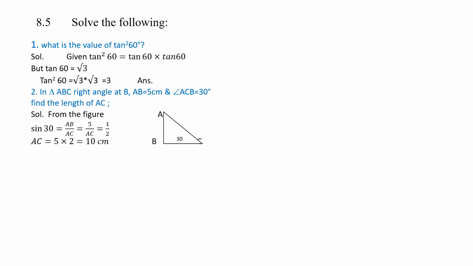Please see the figure. From the figure, sin 30 is equal to AB by AC, that is 5 by AC, which is equal to half. Therefore, AC is equal to 2 times AB, that is 2 into 5, that is 10 centimeters.